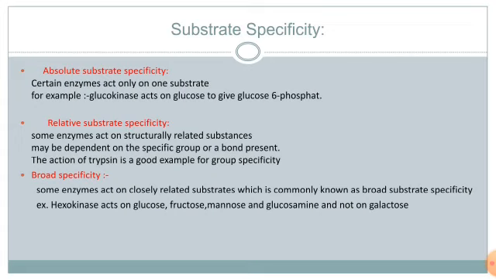And third is broad specificity. Some enzymes act on closely related substances, which is commonly known as broad substrate specificity. For example, hexokinase acts on glucose, fructose, mannose and glucosamine, and not on galactose.